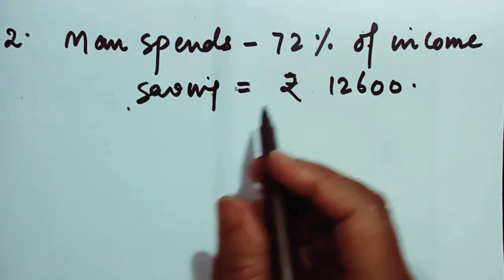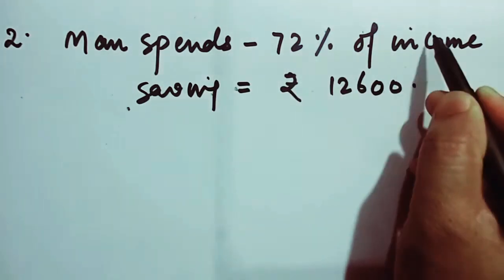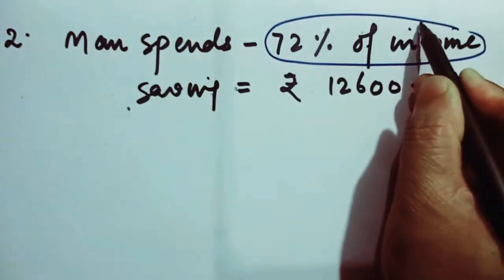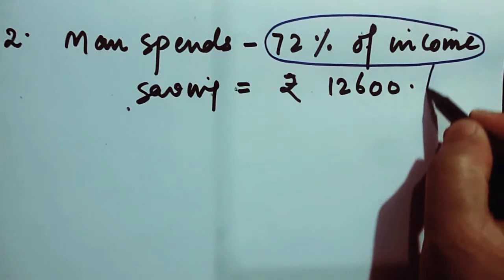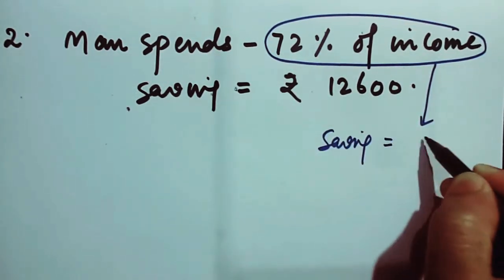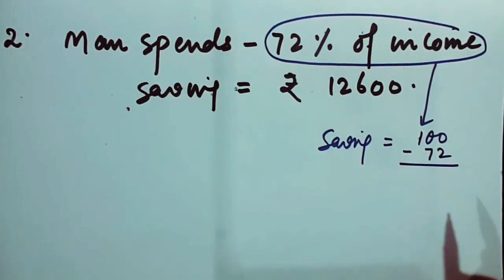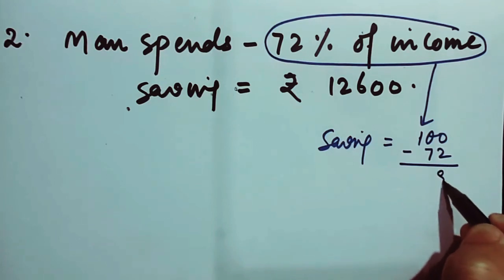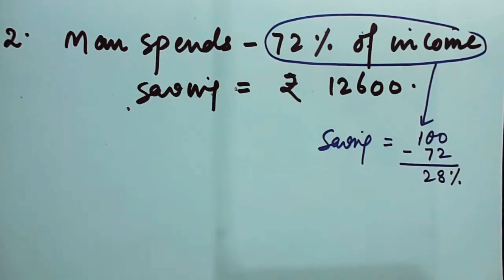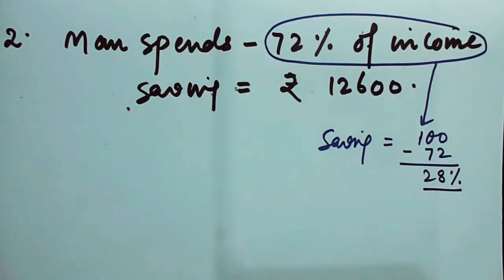When the person is spending 72% of his income, naturally his saving will be equal to 100 minus 72, which will give you 28%. This means the man saves 28% of his income.